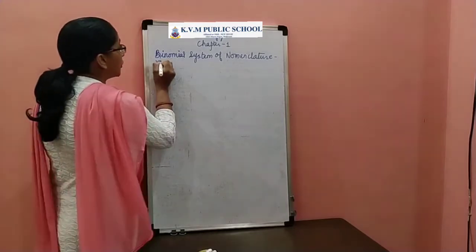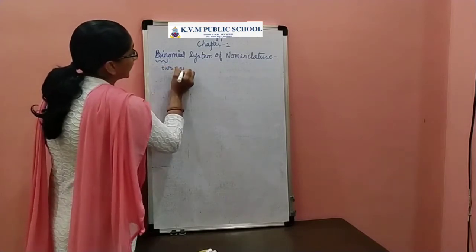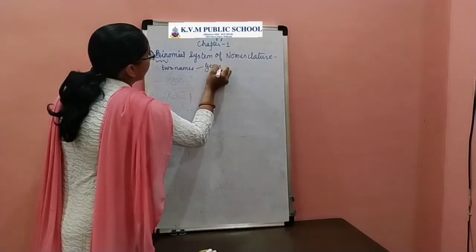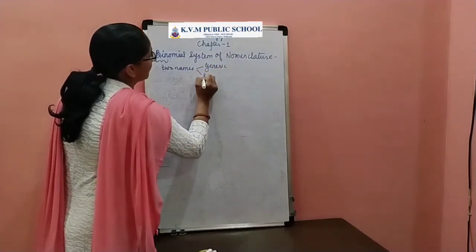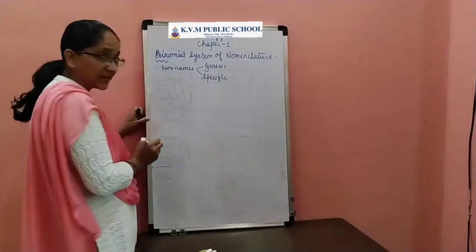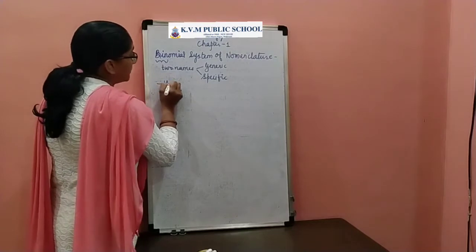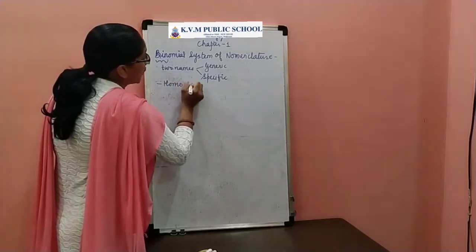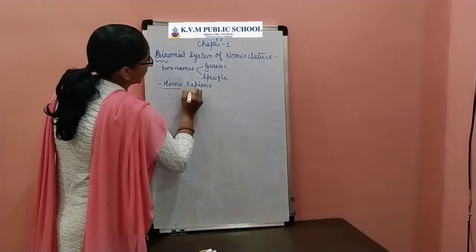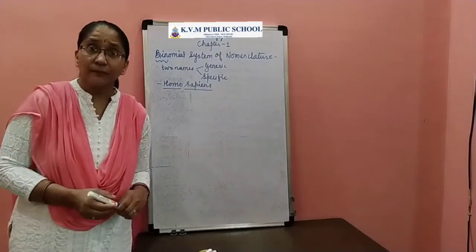So the term binomial refers to the two names, which comprise the generic name and the specific epithet. For example, our biological name is Homo sapiens. Homo is the generic name and sapiens is the species name.